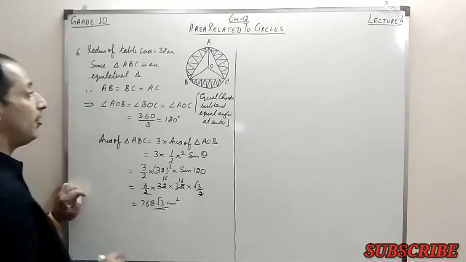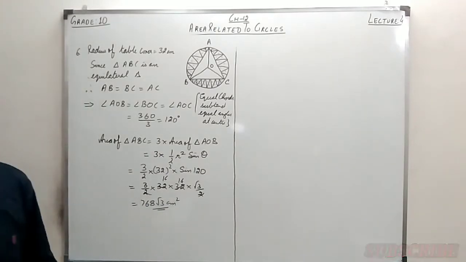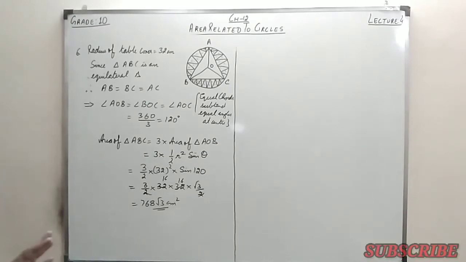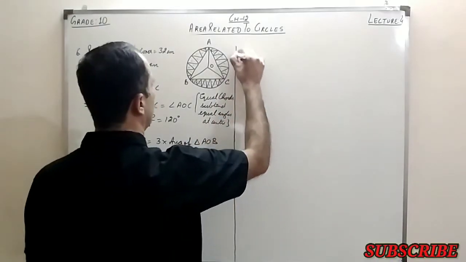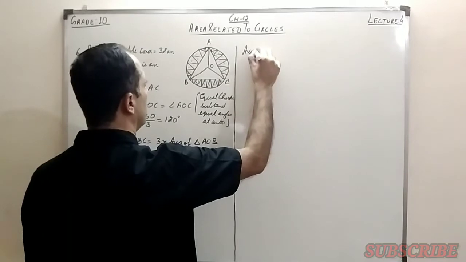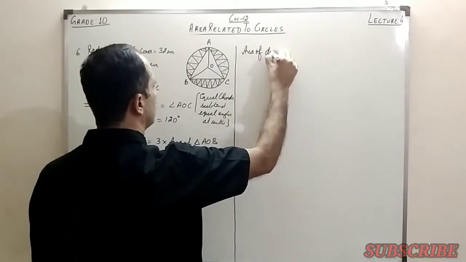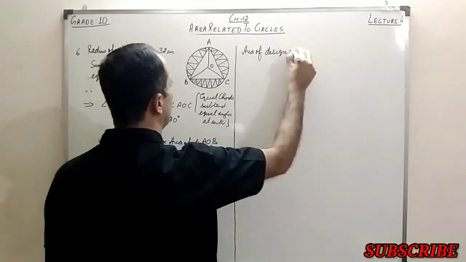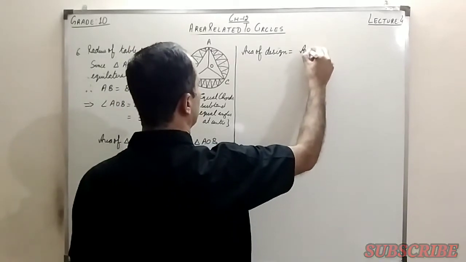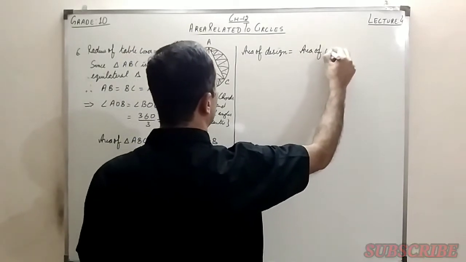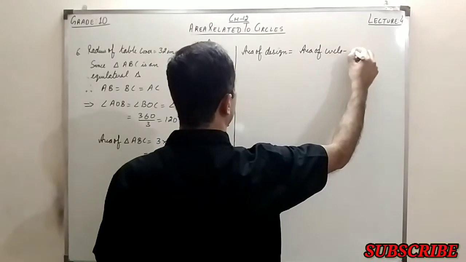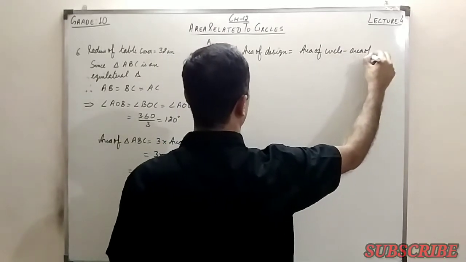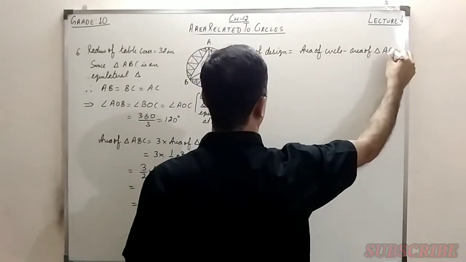This is the area of the triangle, but this is not the area of the design. We have to find the area of design. So for the area of design, what we have? Area of design is equal to area of circle minus area of triangle ABC.